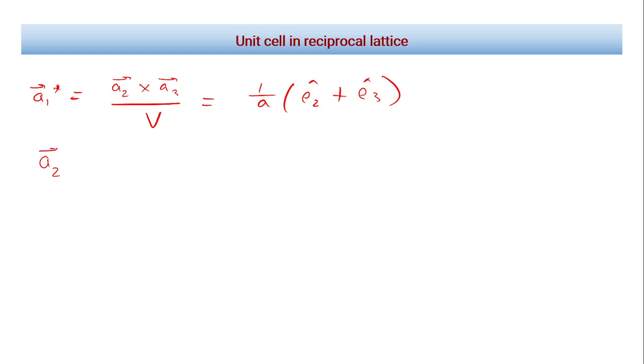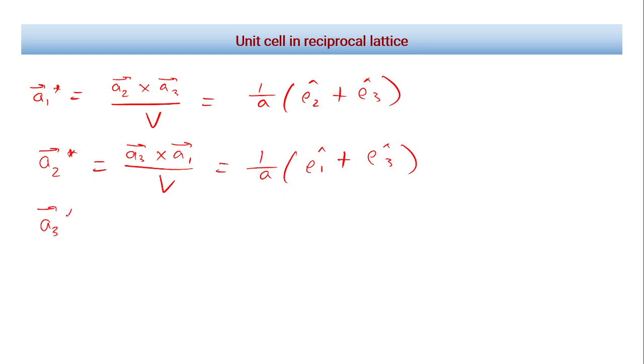Similarly for A2 star, when you do the calculation of A3 cross A1 divided by the volume, you will get 1 by A E1 cap plus E3 cap. And for A3 star, we will get 1 by A E1 cap plus E3 cap.